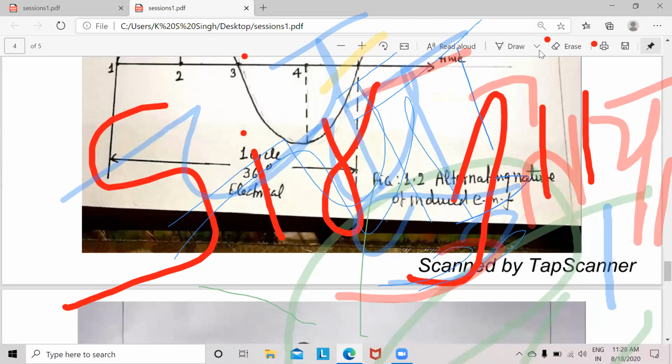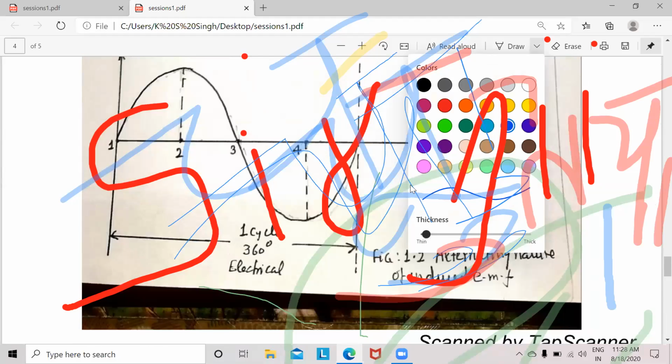You see, this is the wave shape of induced voltage.